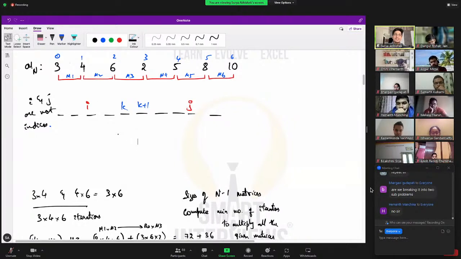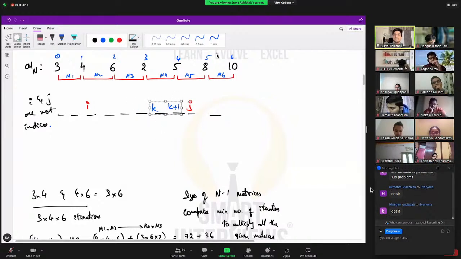Are we breaking it into two sub-problems? Yes, but two sub-problems in one possibility. There are many possibilities, and in each possibility there are two sub-problems. So we should try all those possibilities.